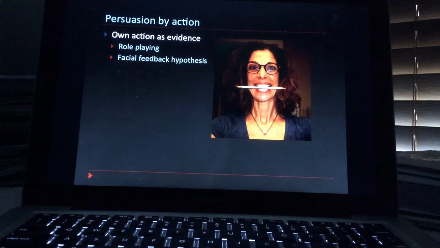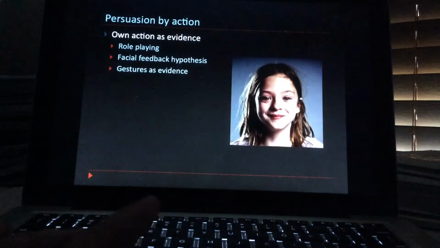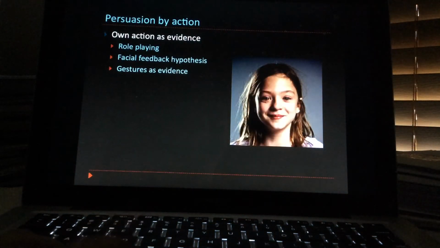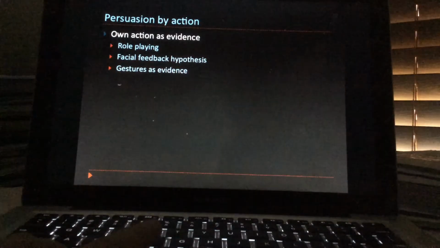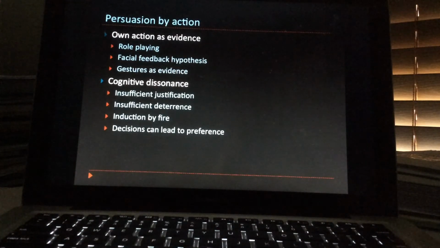And so the facial feedback hypothesis would suggest that if you force your face into the shape of a smile, it tricks your brain into thinking that you are smiling and thus that you're happy. Right, so this is some evidence for a facial feedback hypothesis, and that can convince you to be persuaded about things. If you're holding a pencil in your mouth and then you're looking at something that you didn't previously like, you're more likely to then like it. Right, a similar sort of idea behind gestures as evidence.